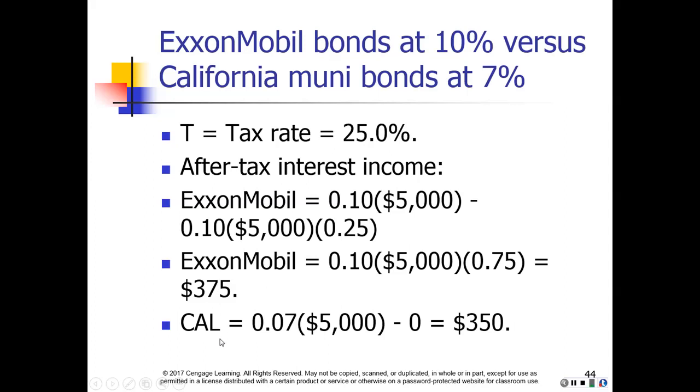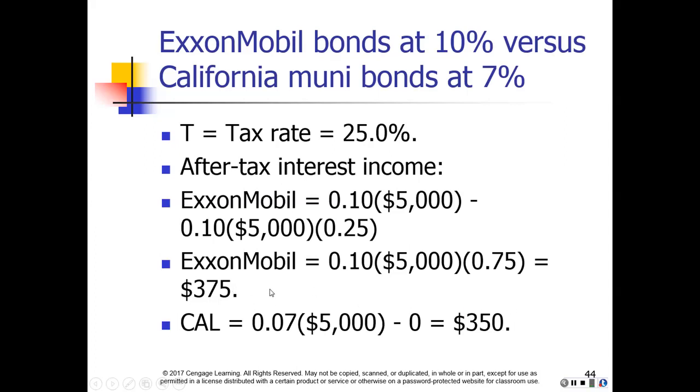Whereas if we have California municipal bonds that pay 7% on the same $5,000 investment, 7% is $350. And so we would calculate, there's no taxes to be paid. So it's pretty close, right? And so we make this comparison.